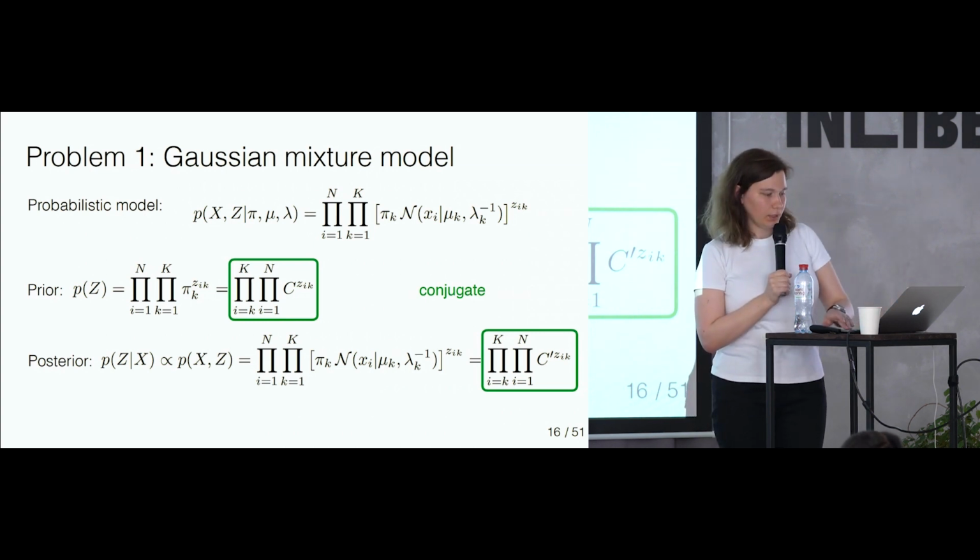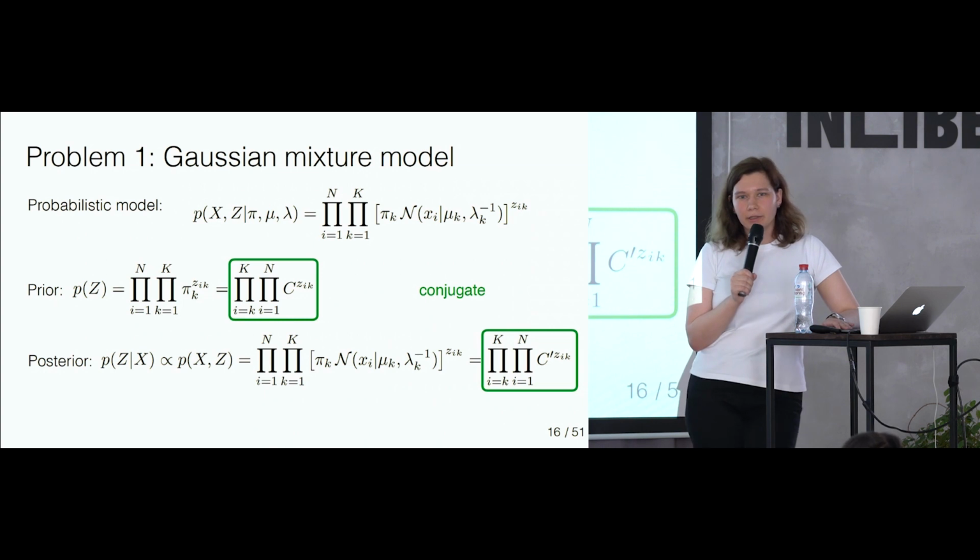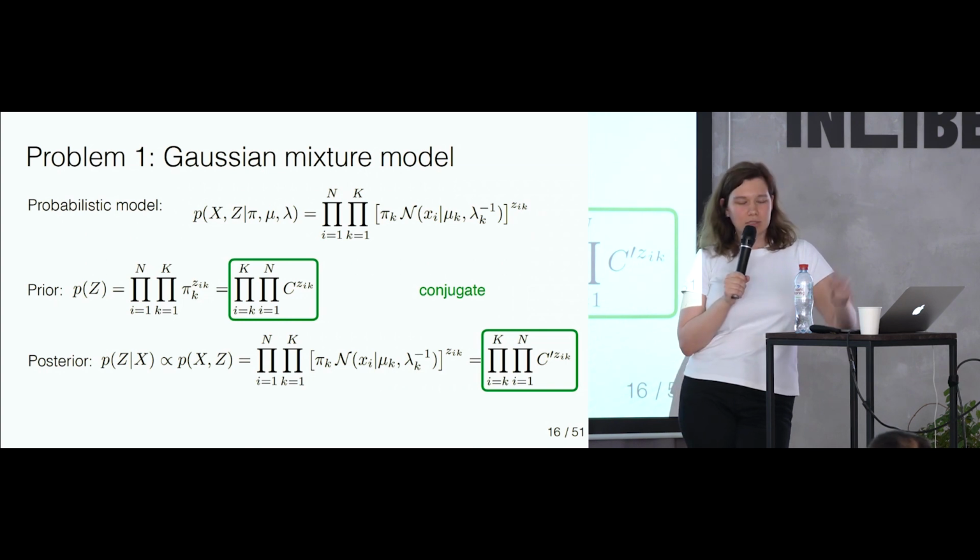Okay. So if we know that our prior and likelihood are conjugate, how do we compute the posterior? Which distribution will be the posterior, from which family? The same as the prior, so it will be a categorical distribution. A categorical distribution is just a discrete distribution with some probabilities.